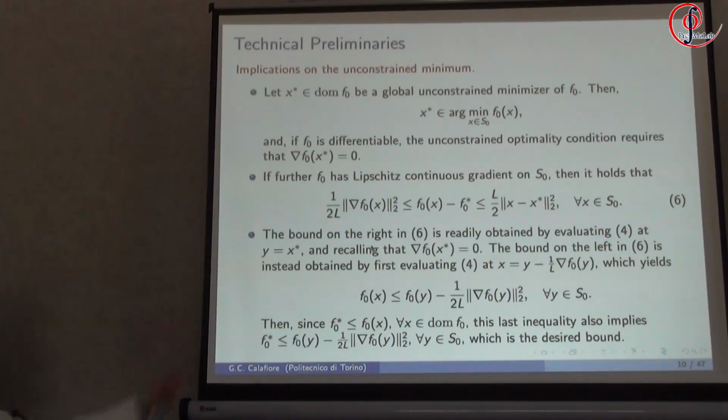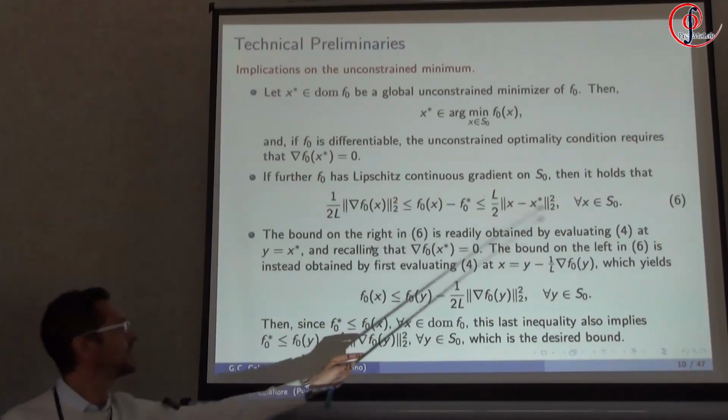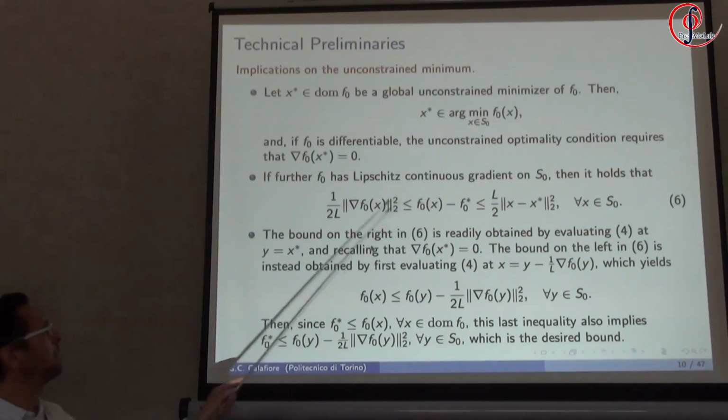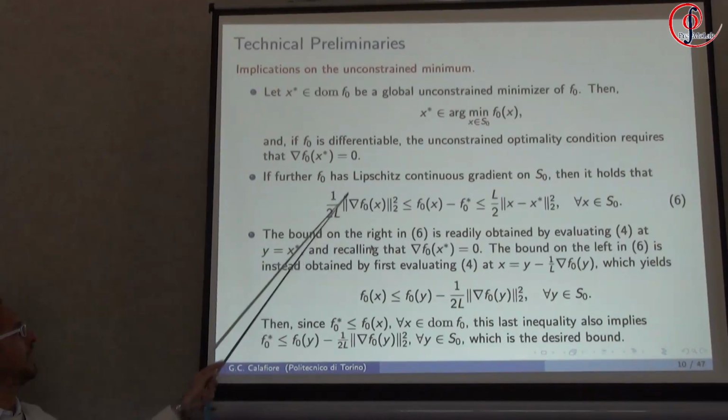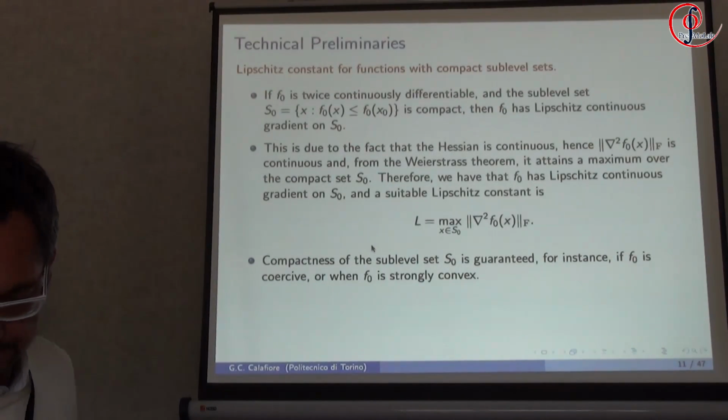But then we will show some converse type of implication. So we will actually also reverse this whole thing and see that this quantity here is actually upper bounded also by the norm of the gradient in some sense. So first we have this inequality here.